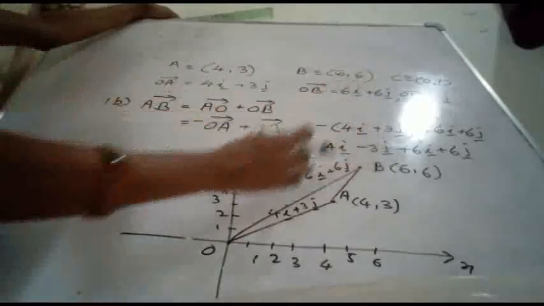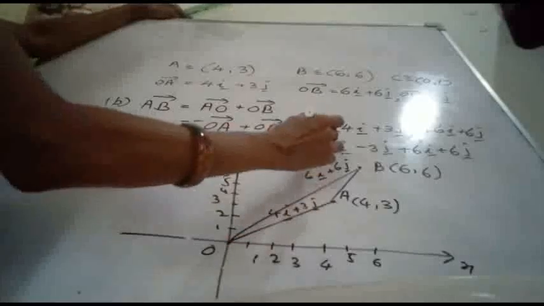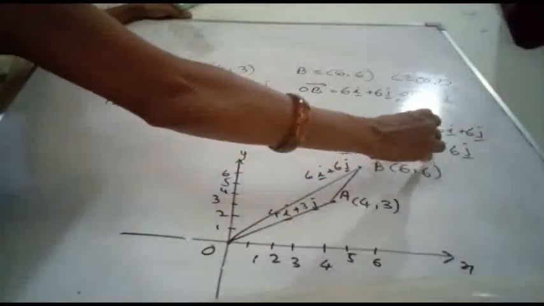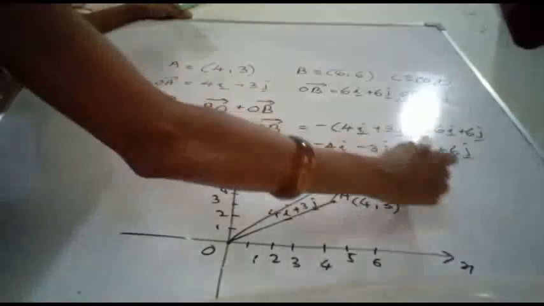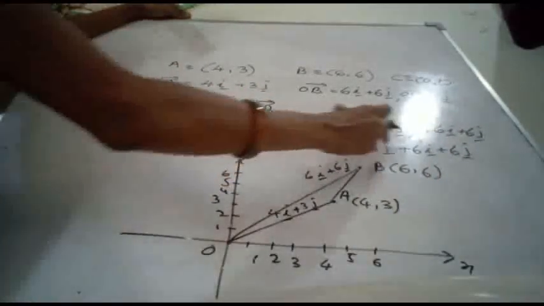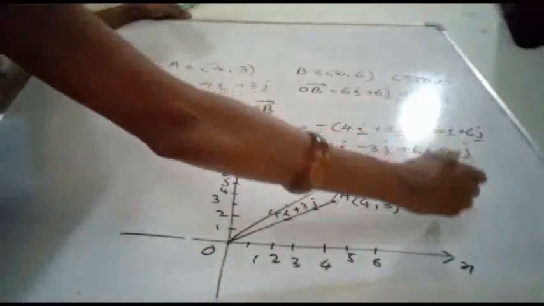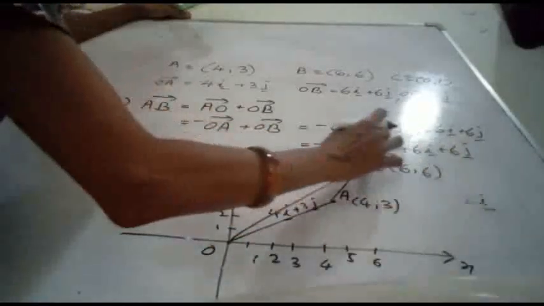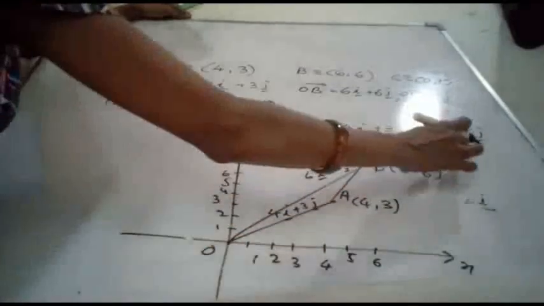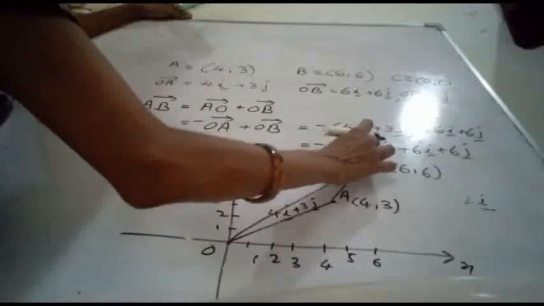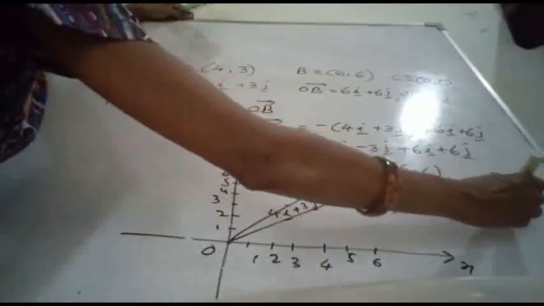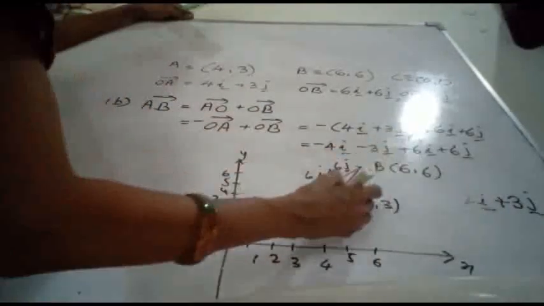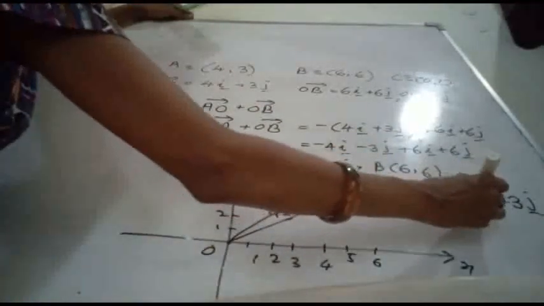Negative 4i, negative 3j. Here negative 4i plus 6i is positive 2i. 3j subtracted from 6j gives 3j. Then vector AB is equal to 2i plus 3j.